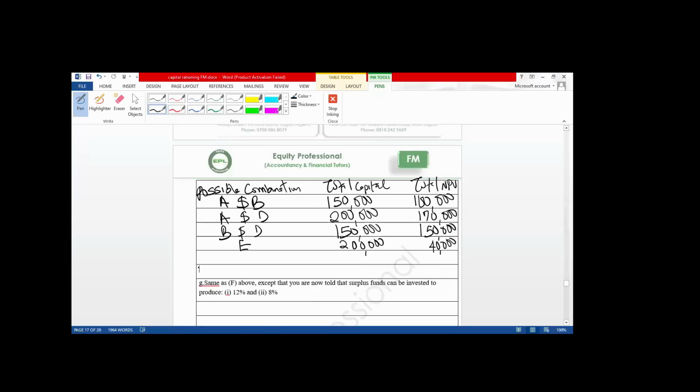Recommendation: the company should accept projects A and D.